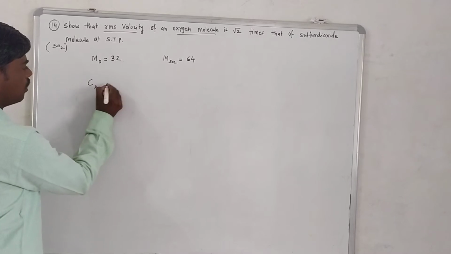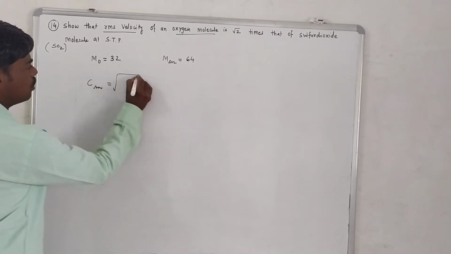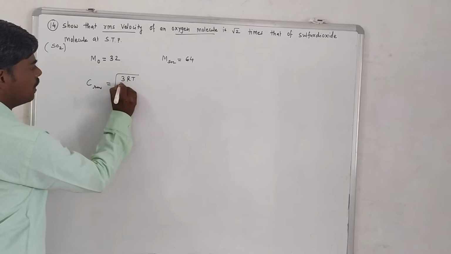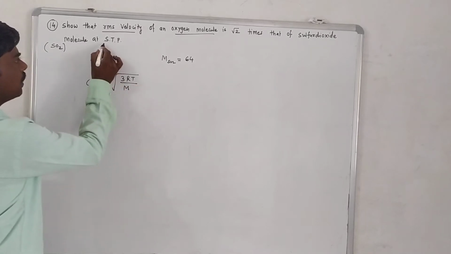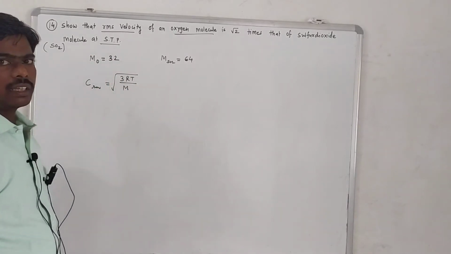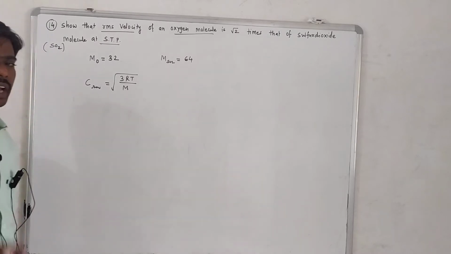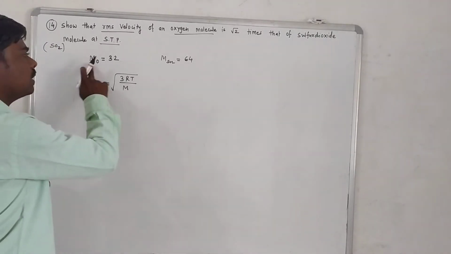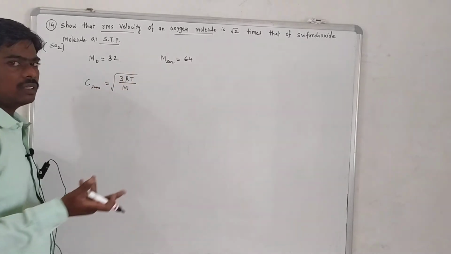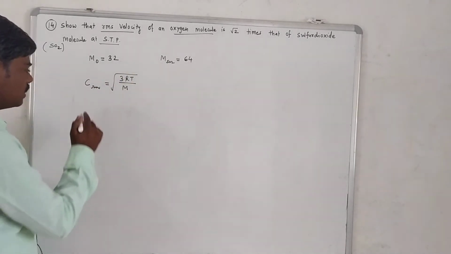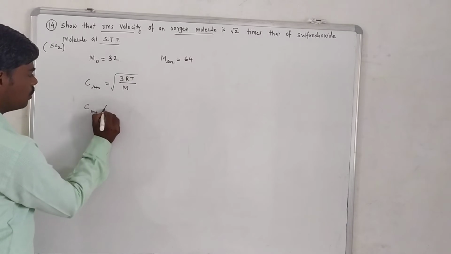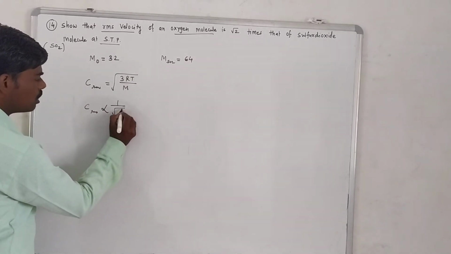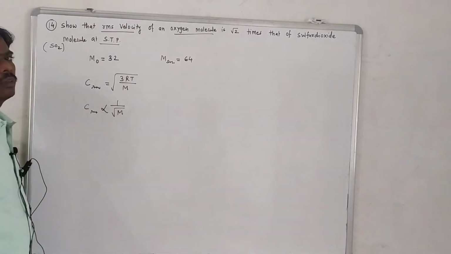The formula for RMS velocity is under root 3RT by M. It is given that it is at STP. What is meant by STP? Standard temperature and pressure conditions. It means for both gases the temperature remains the same. So obviously C RMS is inversely proportional to the square root of the molecular weight.